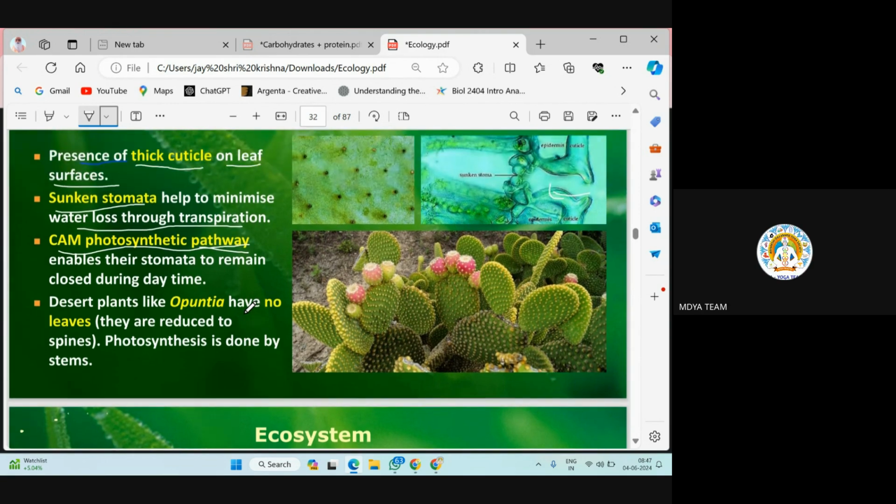The reason behind this is that plants usually do photosynthesis in the morning light. Most of the plants, except these desert plants, do photosynthesis in the daytime. While during photosynthesis they are producing oxygen, these desert plants do not do photosynthesis in the daytime, they do photosynthesis in the night time.